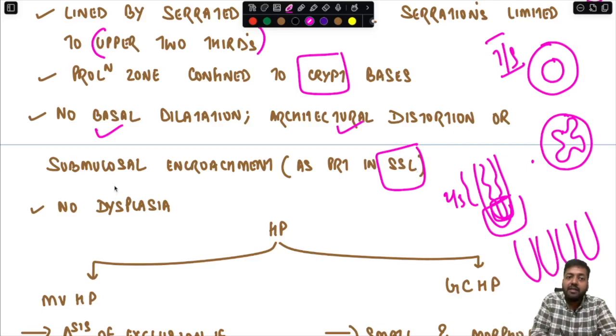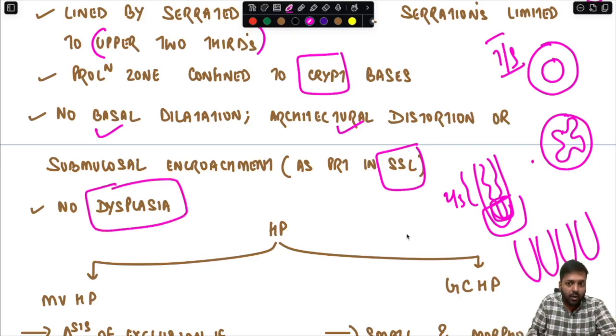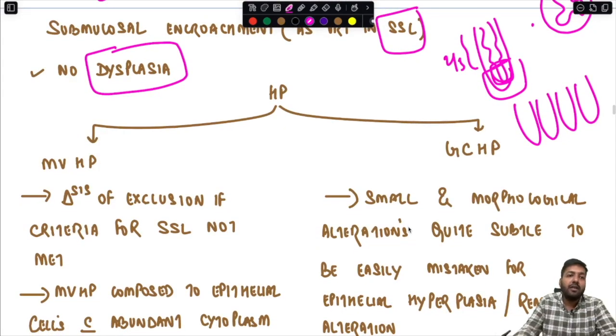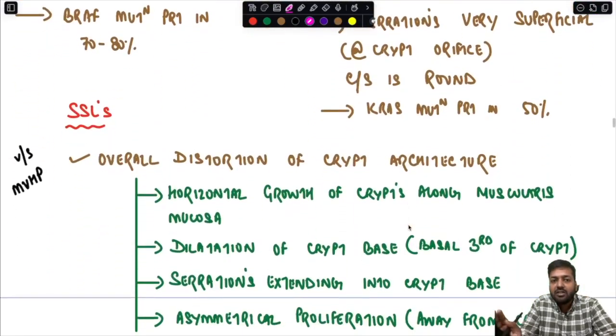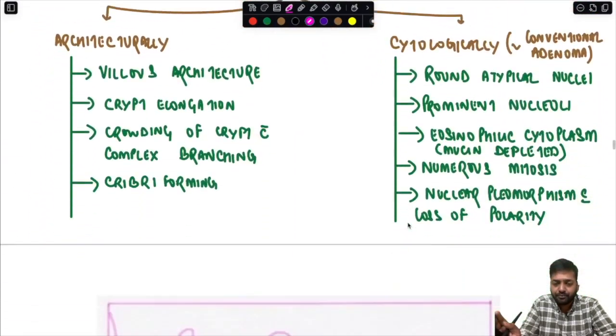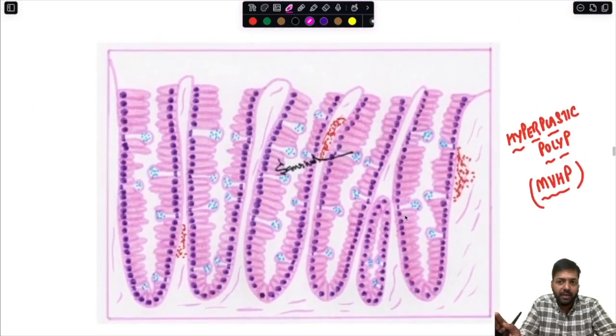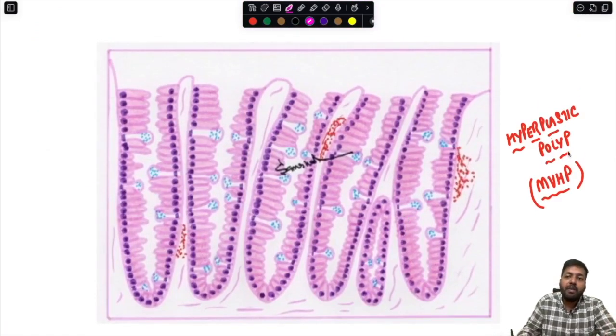And remember that there is no dysplasia in hyperplastic polyp. Before we come to how to differentiate the microvesicular and goblet cell varieties, I will first show you the basic feature of the hyperplastic polyp. As you appreciate here, this is the hyperplastic polyp, mainly the microvesicular hyperplastic polyp.